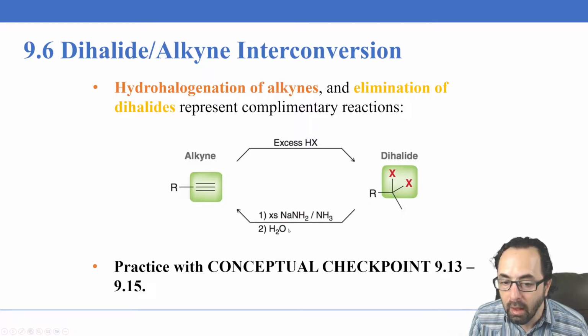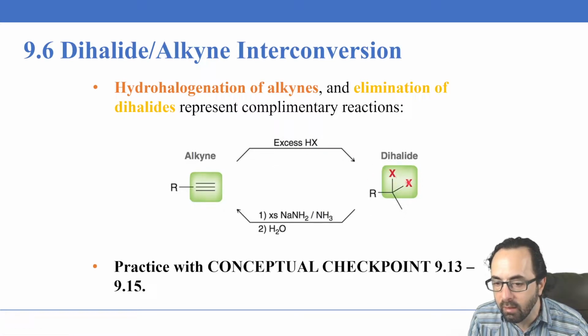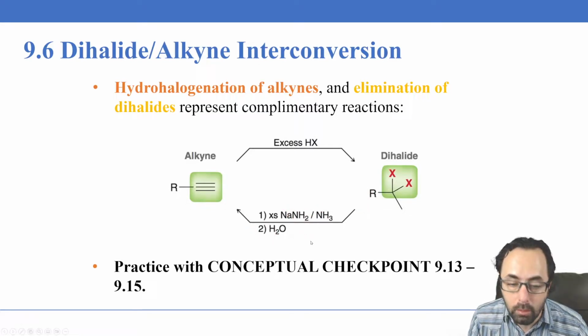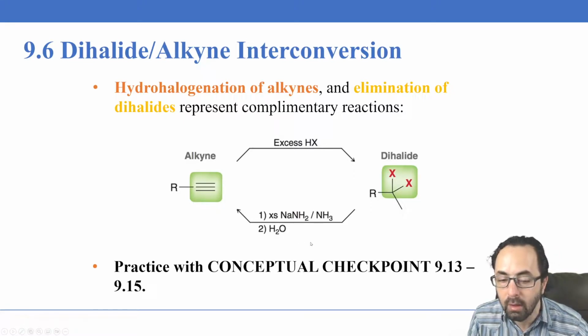And then afterwards, we do have to remember to treat with water to reprotonate the alkyne, because treatment with this very strong base means that the alkyne is deprotonated, and if we want to get a protonated alkyne, we need to add water. And so these are reverses of one another, right? The excess HX will do the dihalogenation, and then since these halogen atoms are good leaving groups, we could do an elimination reaction by treating with this strong base, followed by water to reprotonate the deprotonated alkyne that's produced when we use that very strong base.